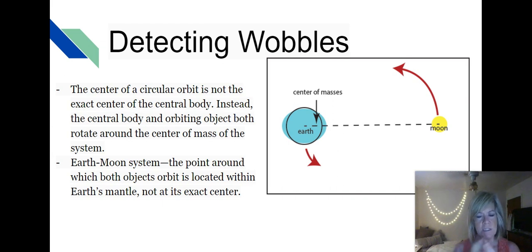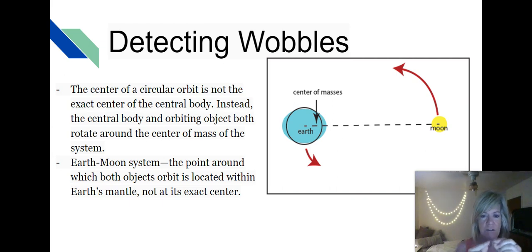Instead, in the Earth-Moon system, the actual center of this relationship is located in the Earth's mantle, not the core. The mantle is almost to the outside area of the Earth and not in its center core.